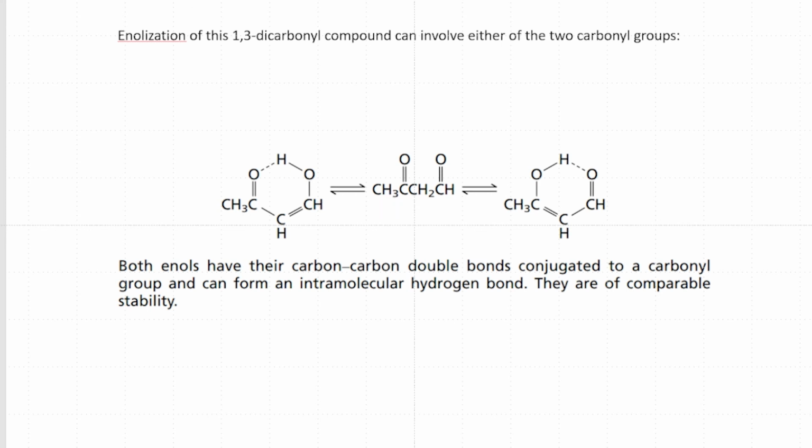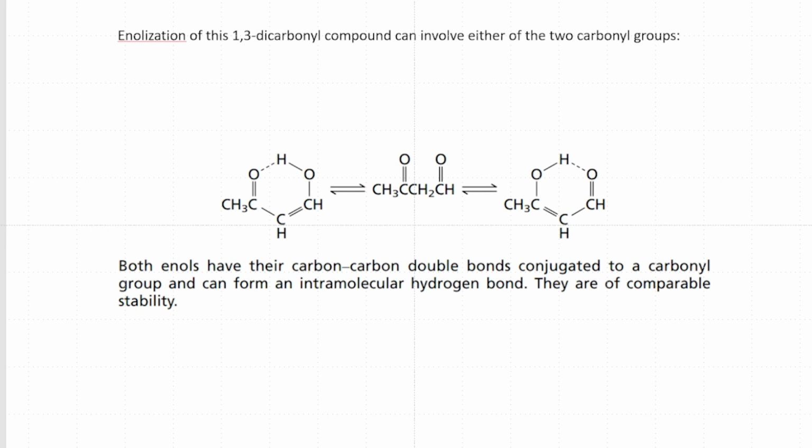But we have already discussed that the CH2 is far more acidic compared to the methyl group, and so it can form an enol far more readily than the other methyl group.